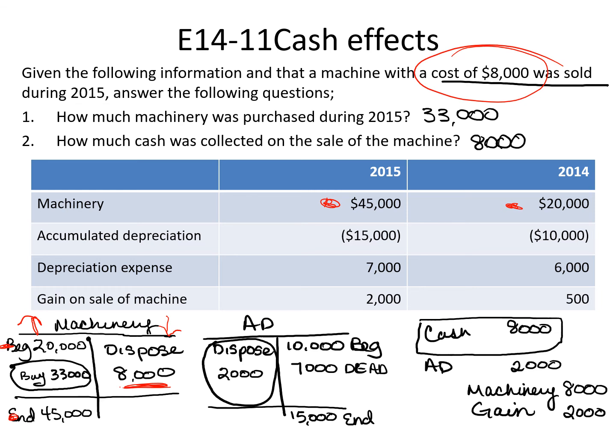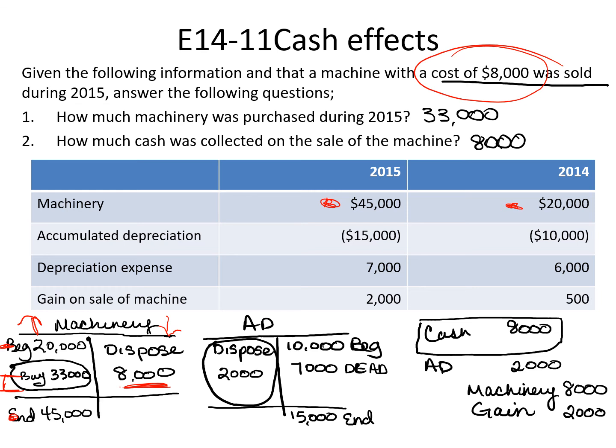And if we bought 33,000, then that is an investing cash flow item, isn't it? And that will make the investing activity. We used 33,000 cash to buy machinery.